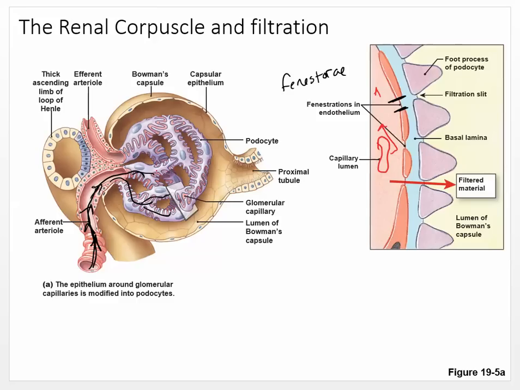So if we go back over here, the blood cells will just keep going. Large proteins, so we might imagine a large protein here, and those might not fit in. So they would continue to the efferent arteriole. However, small things, like sodium, chloride, glucose, the smaller ions, electrolytes, molecules like glucose, urea.